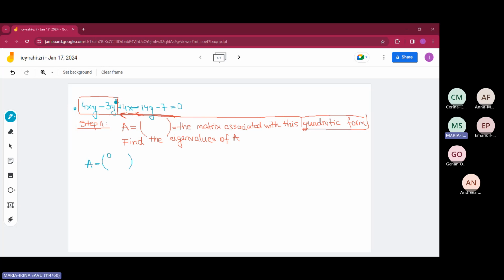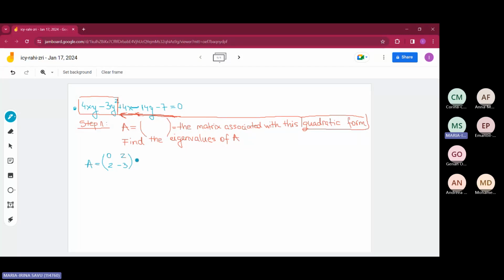So just this one is the quadratic form. If you had an x squared, then x squared would be considered in this quadratic form. Then you have 2, then again 2, and minus 3, because this one must be divided by 2.